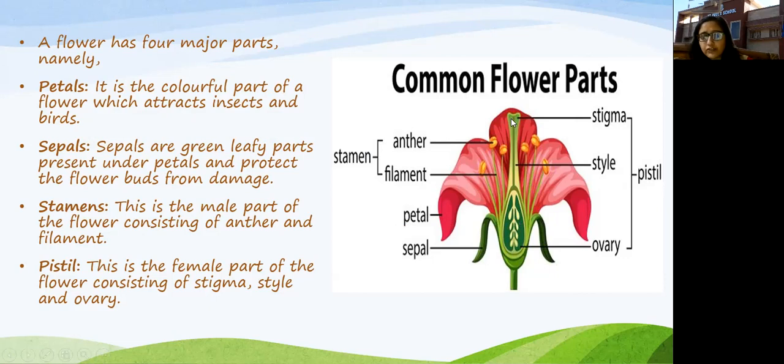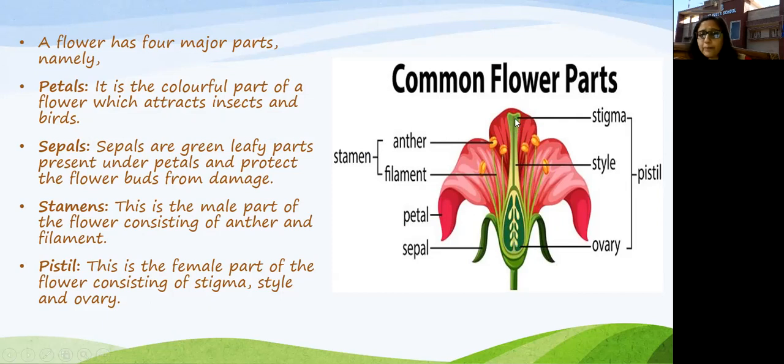See here, if you have a close look at a flower, what you will see is filament, anther, ये सब दिखेगा आपको, and this green tube like structure जो नीचे जाके oval shape का हो जाता है. So this is the female part of the flower.